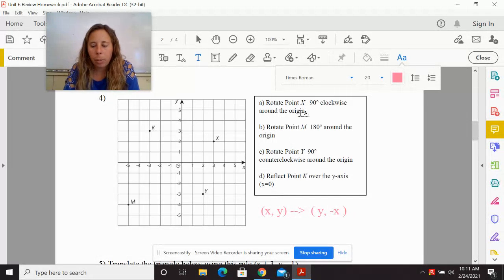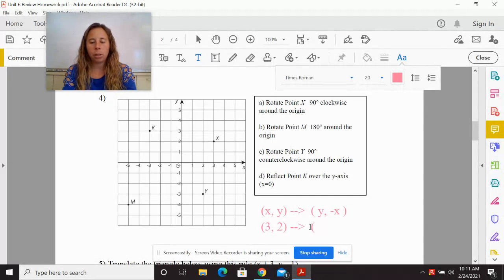So we're doing that with point X. What is the coordinate of point X right now? 3, 2. Okay. So then that becomes, that's just my way of drawing an arrow, you don't have to do that. So they switch.